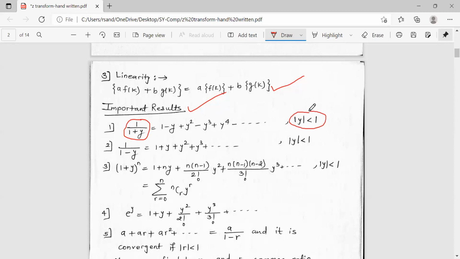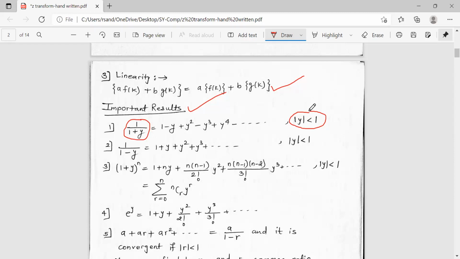So can anybody tell me what is the meaning of convergence? When do you call the sequence or the series a convergent series? Many times you have come across this word. Yes, anybody can tell me? I'm just asking for a simple meaning of convergence, nothing mathematically related, any expression.